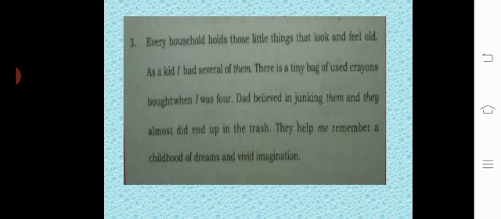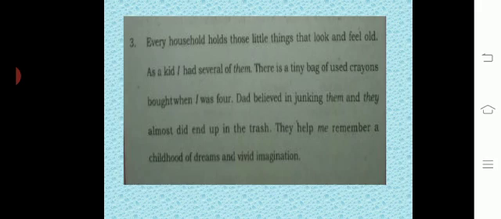Now, the first word given in italics here is in the second sentence. As a kid, I. Now, who is this I? Yes, you're right. You're going good. I is the speaker because the speaker is writing his lines, right? Yes.